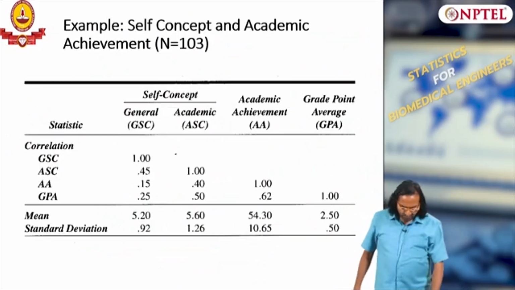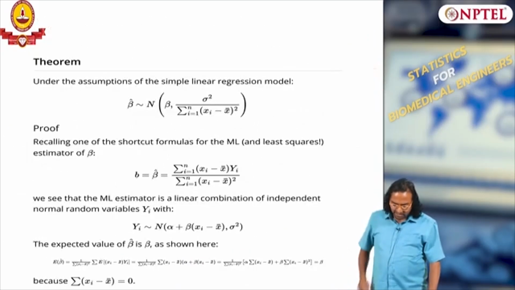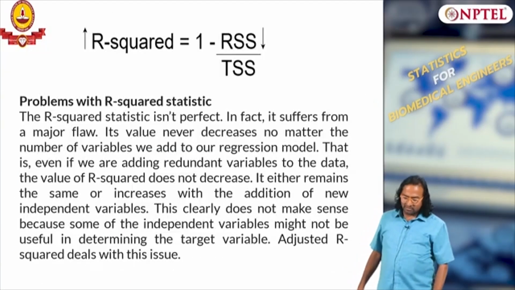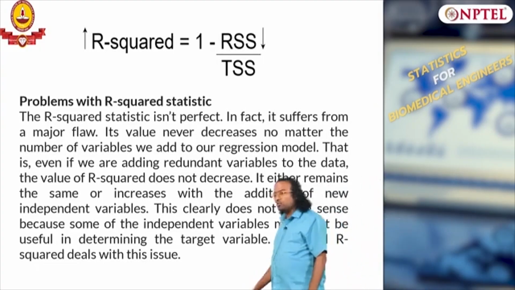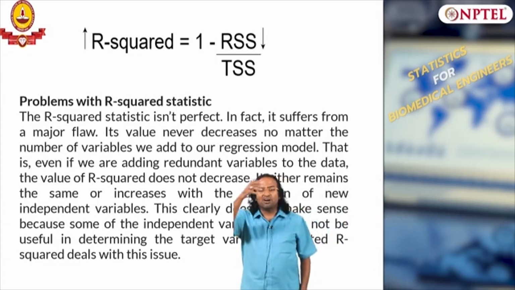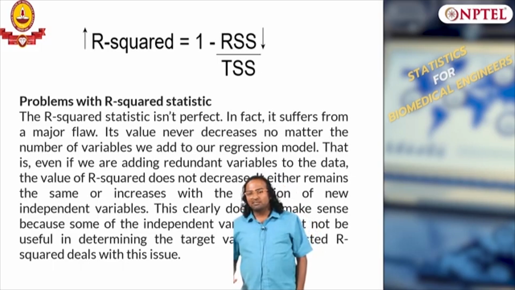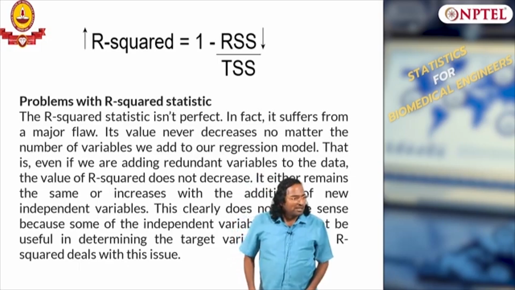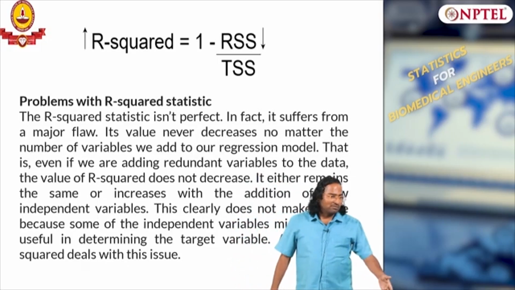Now the last part I want to cover in multiple linear regression is the R square statistic. When I talked about it, there is always one flaw in R square. The problem is whether you use more parameters or fewer parameters, the R square does not tell you anything. You could have used 100 parameters to explain it, and R square will still be high.